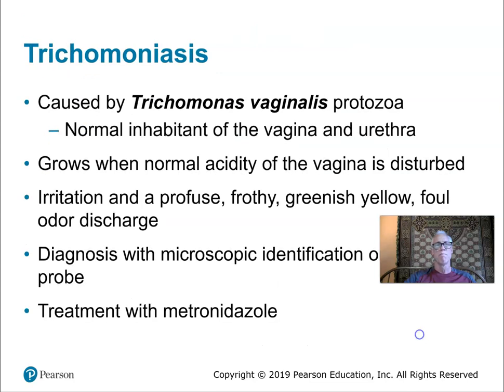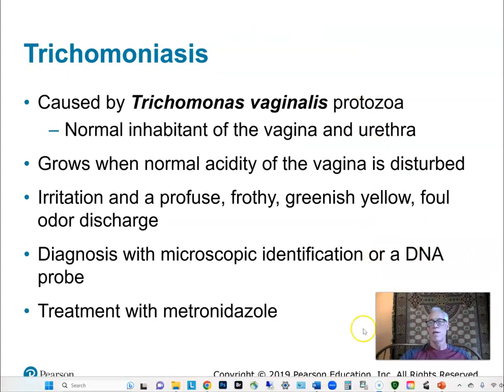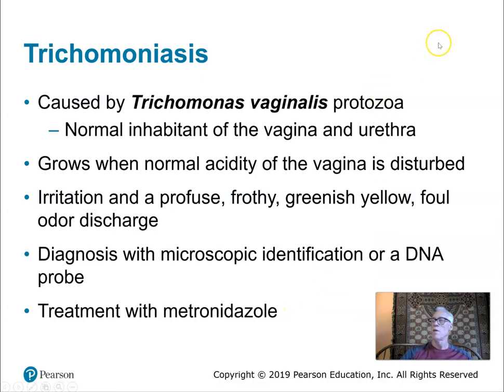Anyway, protozoan diseases. Trichomonas vaginalis is pretty common in normal, healthy women, but again, it can get out of balance. When the acidity is lost in the vagina for whatever reason, whether antibiotic use or maybe douching too much and rinsing out the bacteria too much, then the pH rises in the vagina, and that can allow overgrowth of trichomonas.